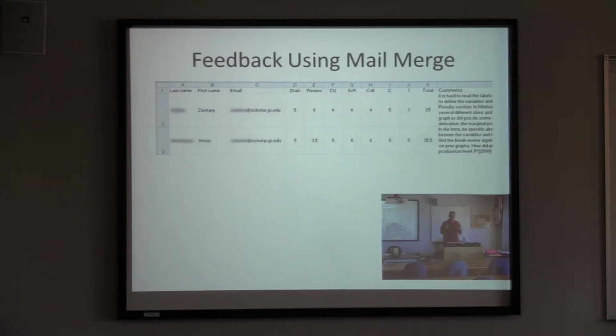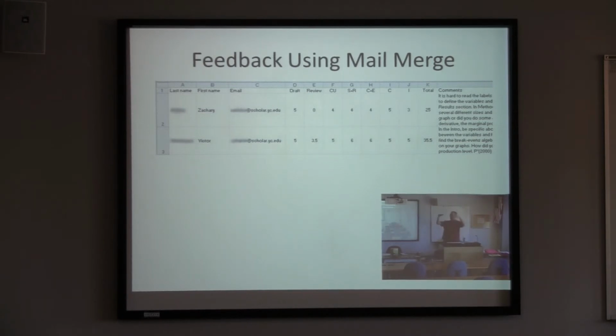And it'll put into an Excel file first and last name, what their email is. And then I go ahead and add these other columns, the draft column, the review column. And I'm giving them scores on each one of these things. On the far right, you see a column for comments. And that's where I'm actually giving them personalized comments on what they did.